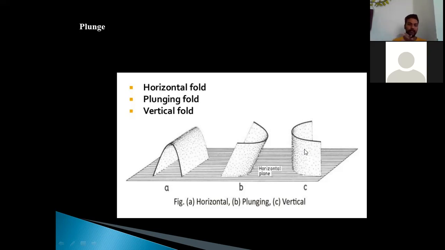And if it is exactly vertical, then we'll call it a vertical fold. But basically, you can divide it into 2 halves. The first is plunging fold and another is non-plunging fold. The fold which has a plunge with the horizontal surface, you will call a plunging fold, and the fold which is not showing any kind of plunge, in that case you will call a non-plunging fold.